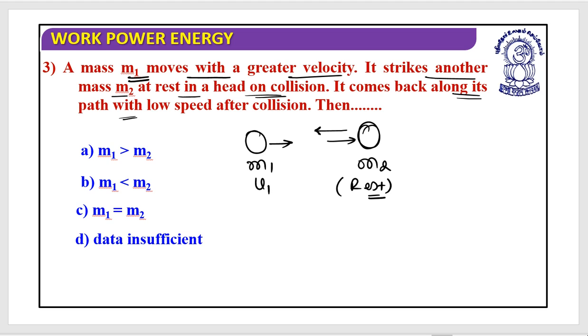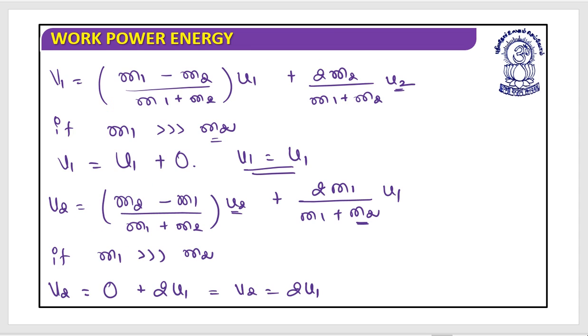Now, this is the same case we have discussed here, with certain variations: in this situation only, m2 is greater than m1, and the rest of the things are followed.